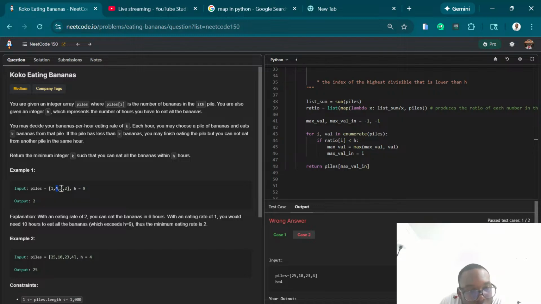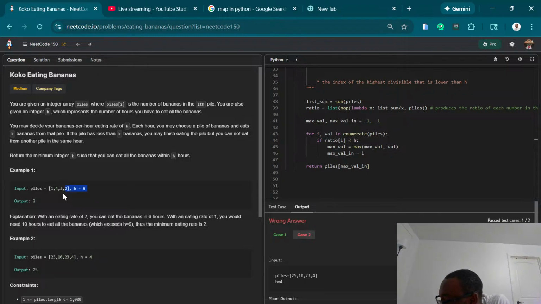Let's break it down. The 1 will take 2, that's gone already. The 4 will take 2, but 2 remain, so it takes another 2. Then 3 takes 2, then you take another 2. Then this 2 will only take 2. So that's 1, 2, 3, 4, 5, 6. Oh, okay, I get it.